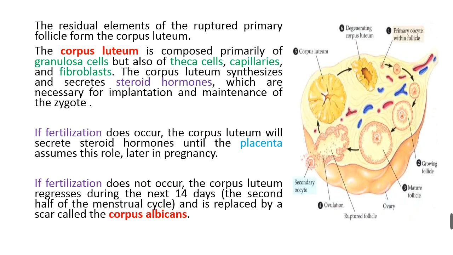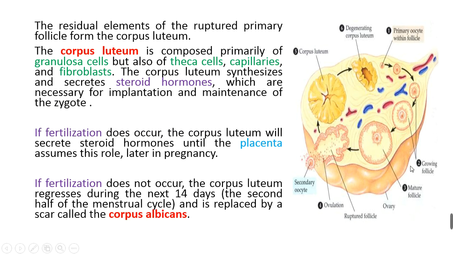What happens to the residual of the Graafian follicle that remains in the ovary? The residual elements of the ruptured follicle form what is called the corpus luteum.